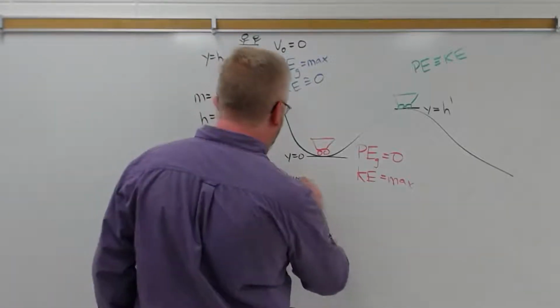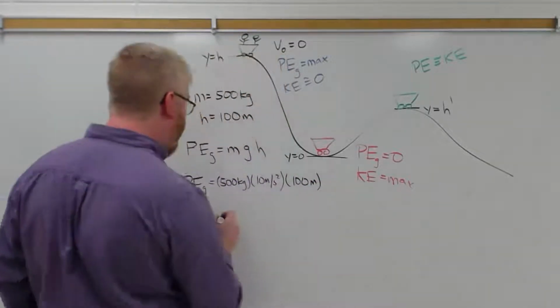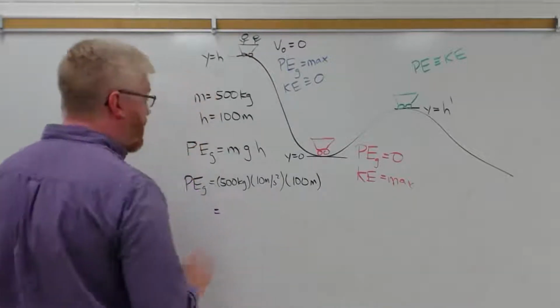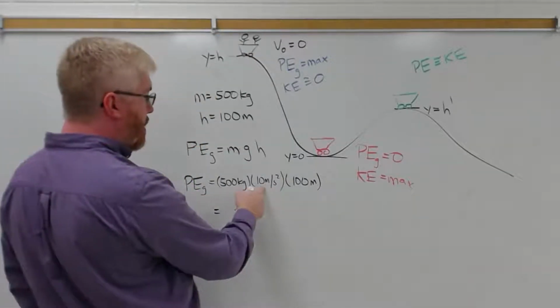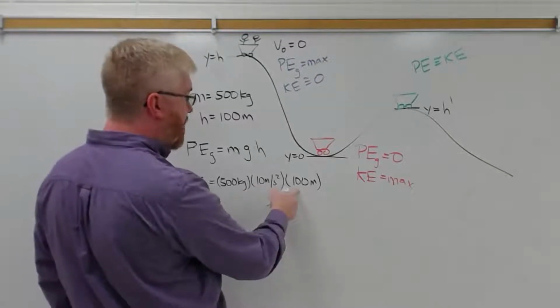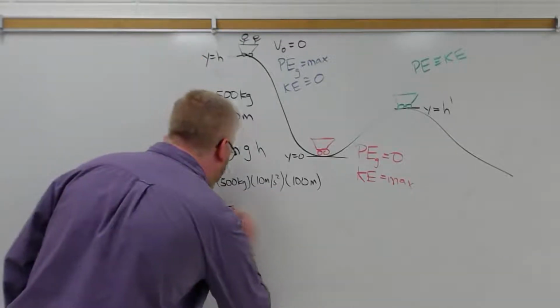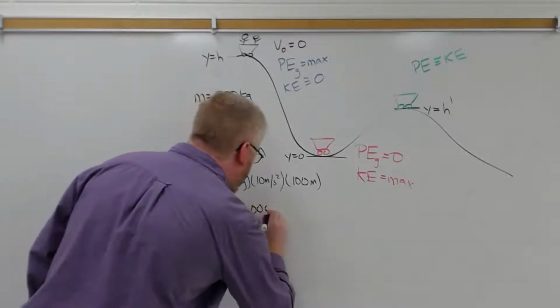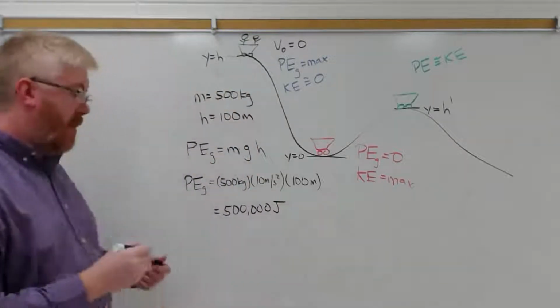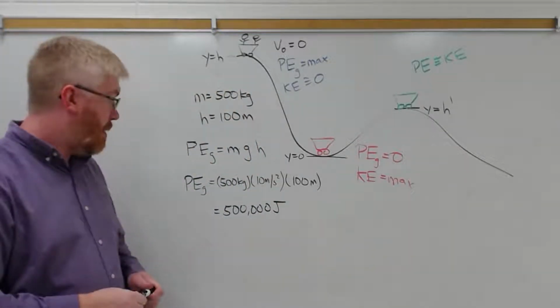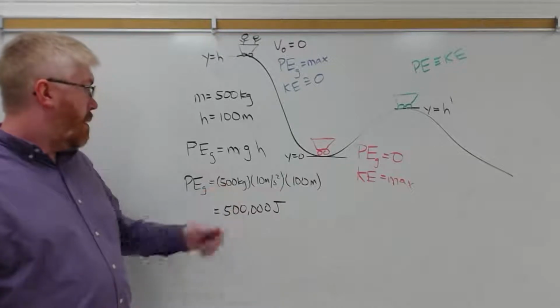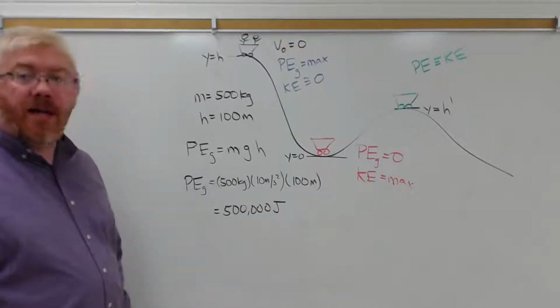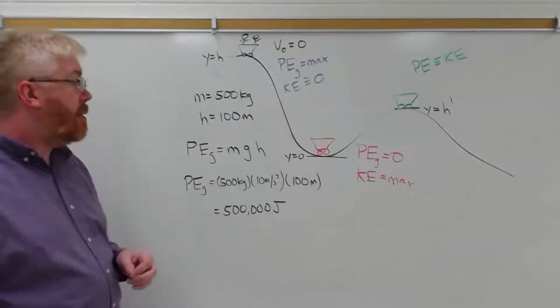And a 100 meter height. Gravitational potential energy is 500, goes to 5,000, 50,000, 500,000 joules, because energy is in joules. So 500,000 joules initially, no kinetic energy.